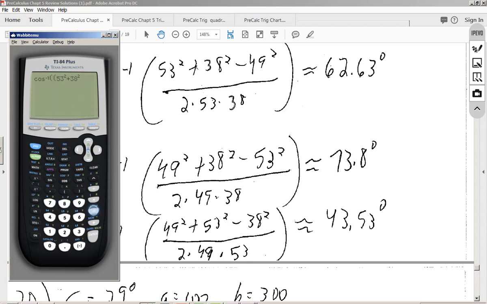Then I got minus 49 squared. So I'm going to need an end parenthesis, and then I'm going to divide by, and I'm going to need a parenthesis around 2 times 53 times 38. And I'm going to need a parenthesis and then another parenthesis. I hit enter, and that comes out to be 62.63.